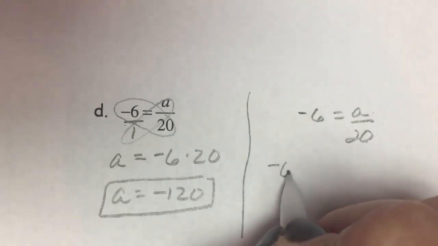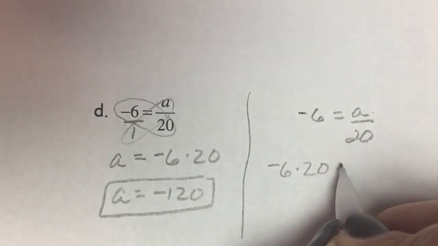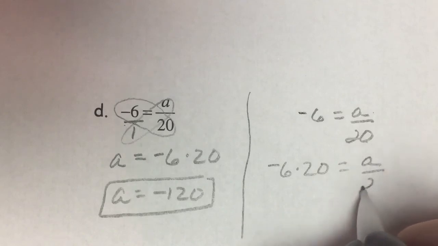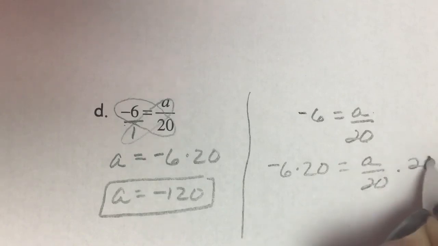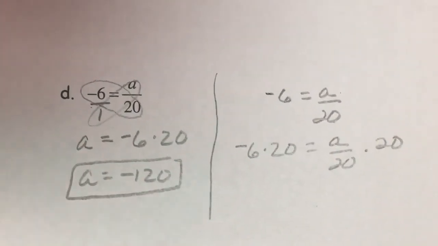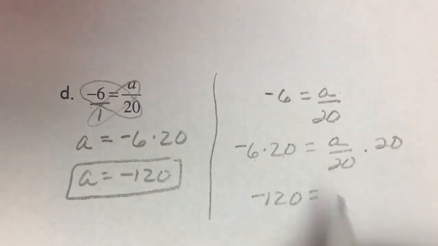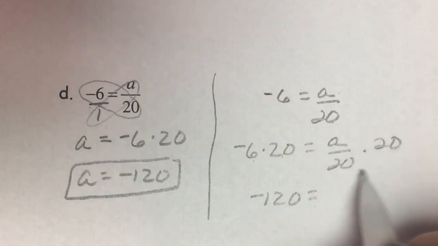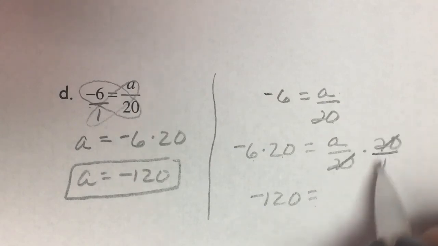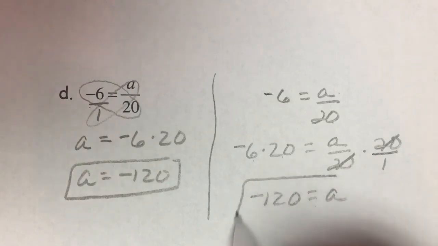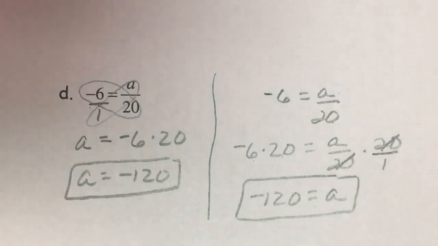So it would be negative 6 times 20 equals A over 20 times 20. What do I get when I multiply these? I get negative 120. And again, because I'm dealing with fractions here, I put a 1 under here. The 20s cancel, and I have A, and I end up with the exact same answer. It doesn't matter which method you use.